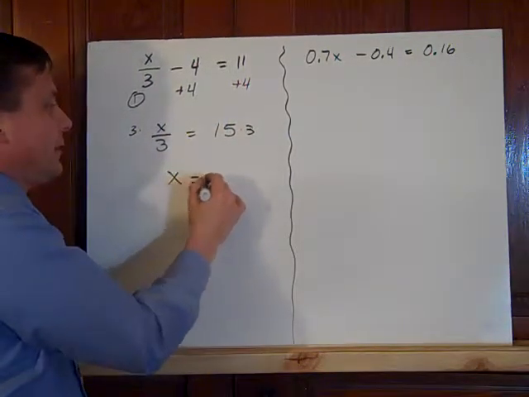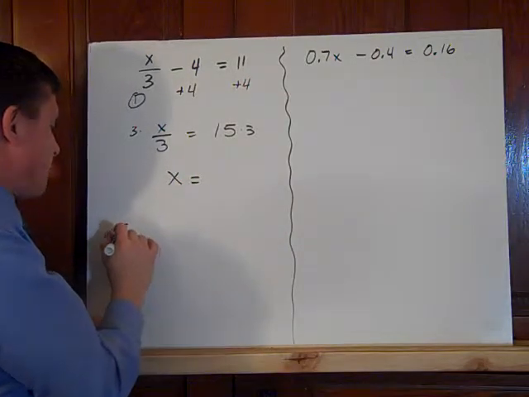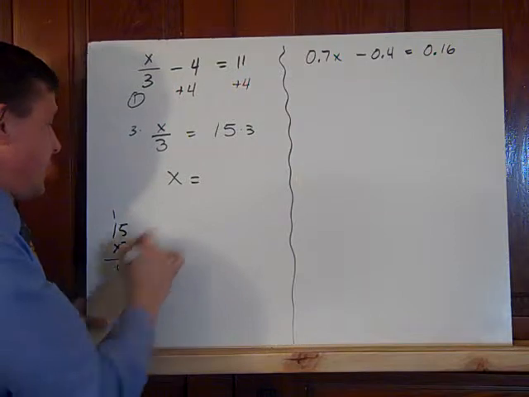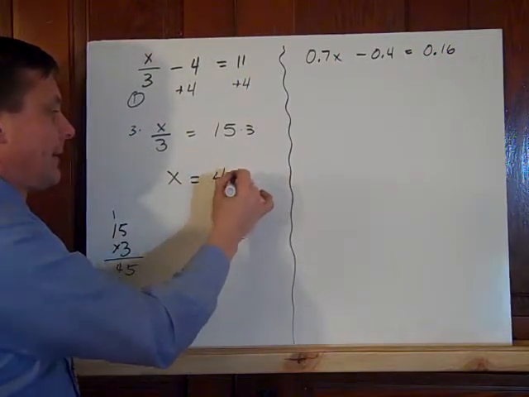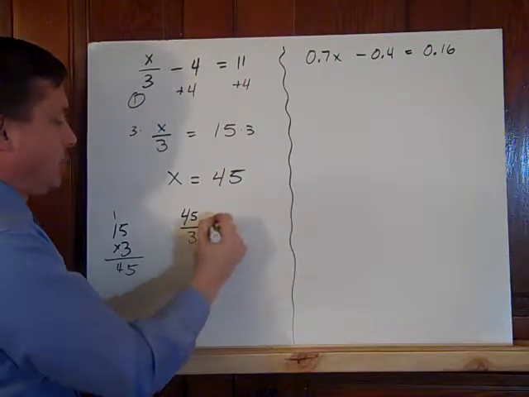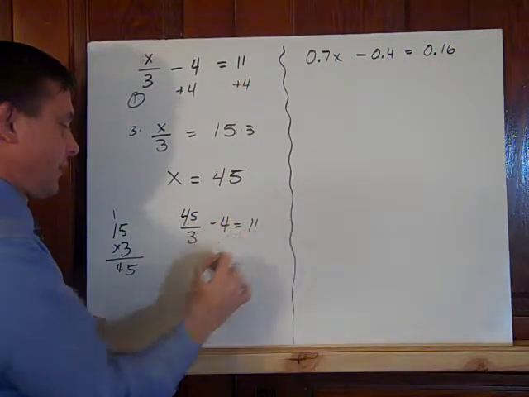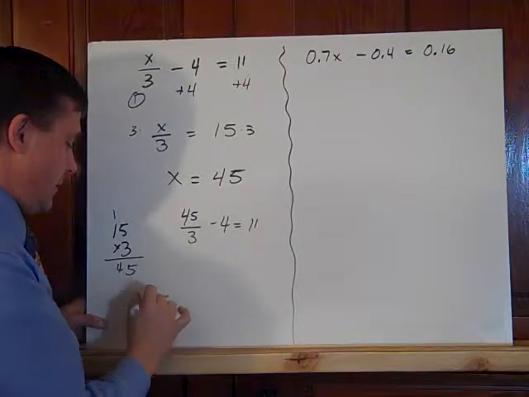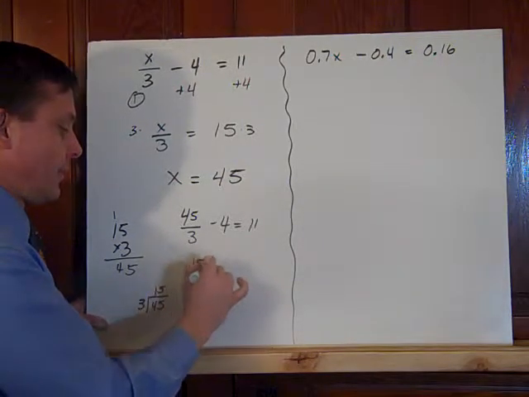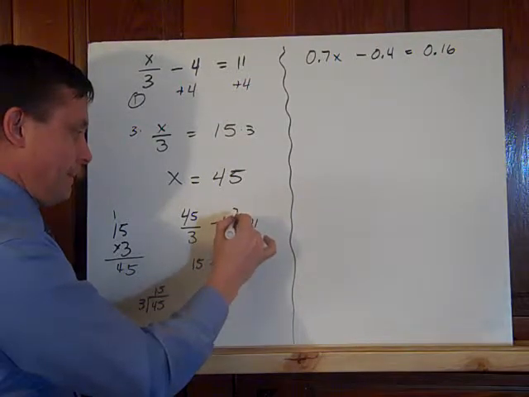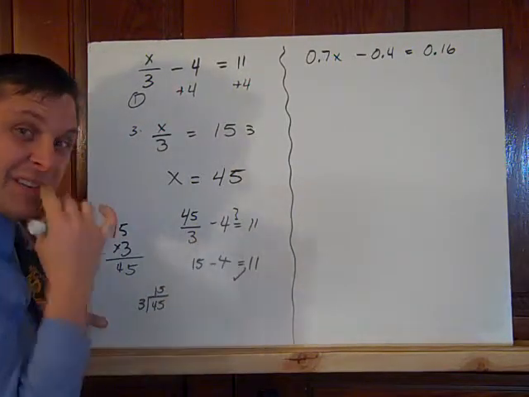And I get x equals 15 times 3 is 45. Now I might want to make sure, so I would take the time to plug it in and see if this works. I might have to do all these operations, right, to make it work out. But it checks out.